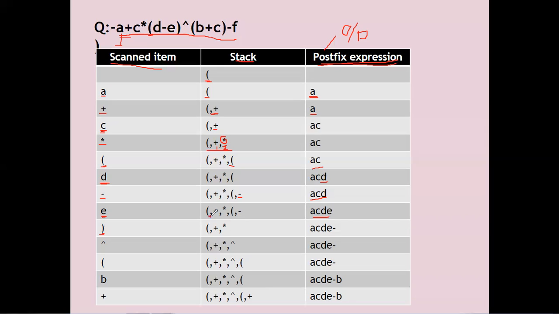Let's say this is the zeroth location, this is 1, 2, 3, and this is 4. Now our current top points to the minus sign. So no doubt it should be popped from the stack and placed onto the output string. So here the output becomes ACDE minus.